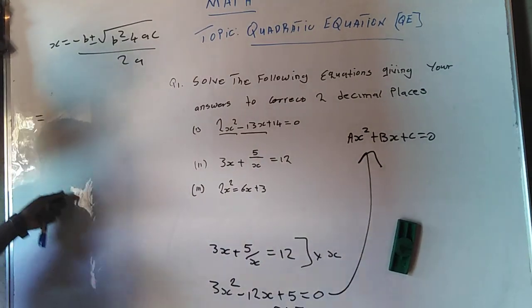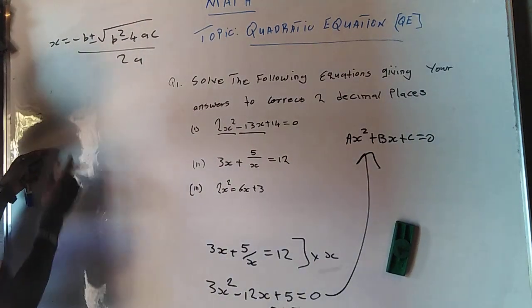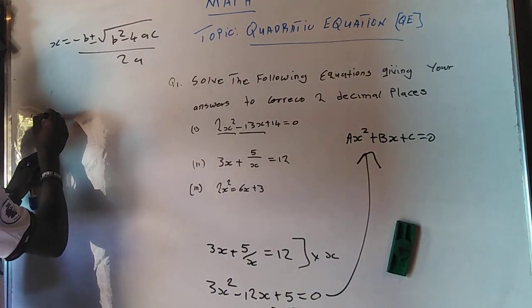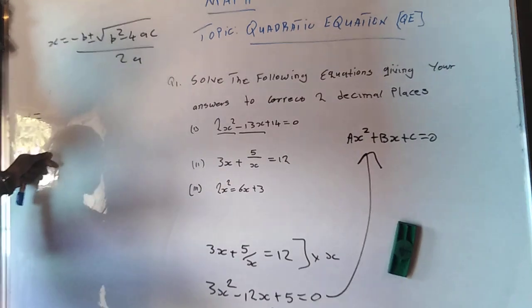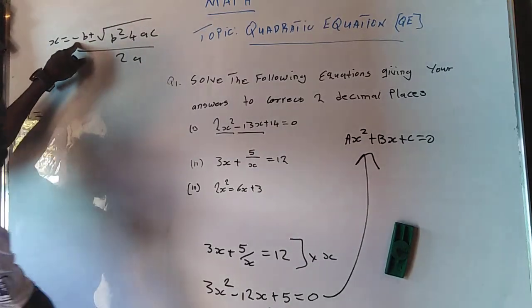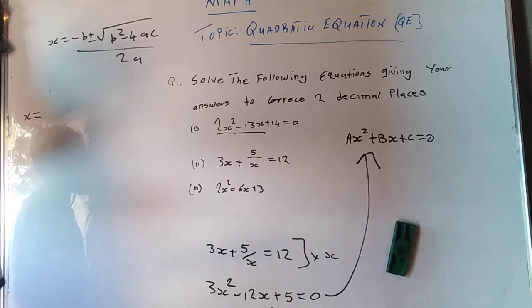Now we replace. So x is equal to negative b. We're also having a negative, and negative times negative is going to give us a positive.